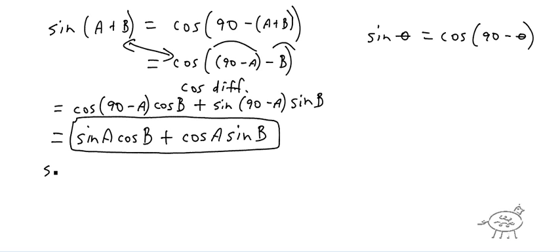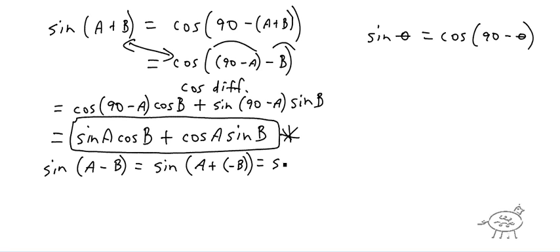And as we did with cosine, I'm going to do sine of A minus B by just substituting a negative B in for B. So I can actually write this as sine of A plus a negative B. And then I can do a direct substitution into the equation we already just created, this guy right here.